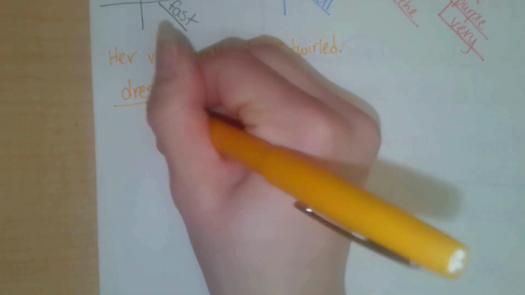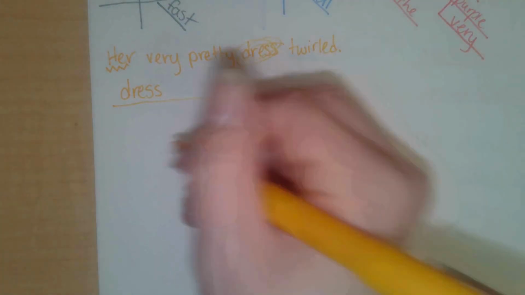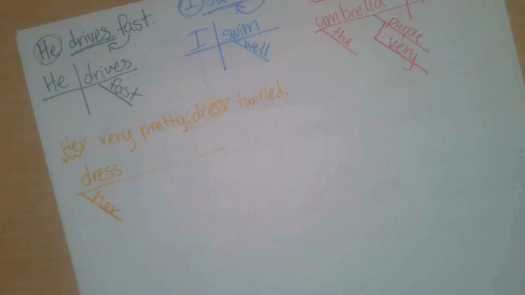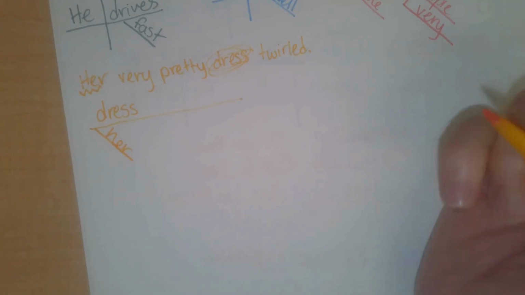We have dress. I'm going to draw our horizontal line, and now we have a few different words that are describing dress. Whose dress is it? Which dress is it? It's her dress. So our first adjective, not necessarily an adjective, but our first describing word here is her. It's just being diagrammed like an adjective.